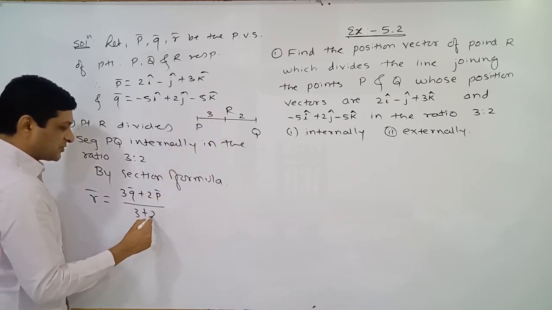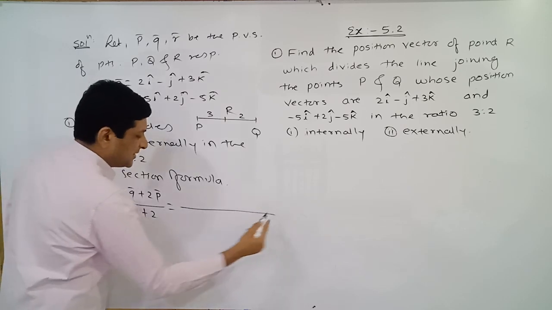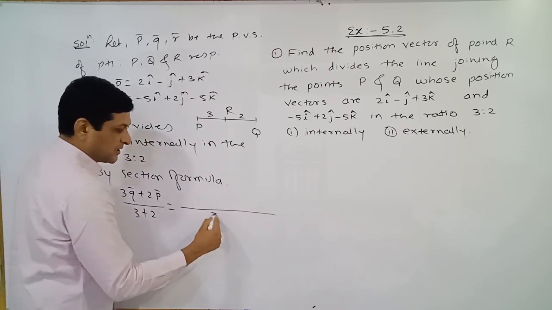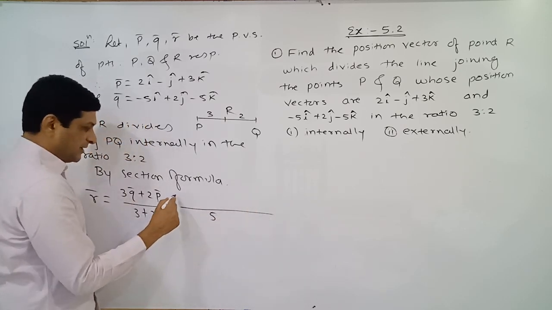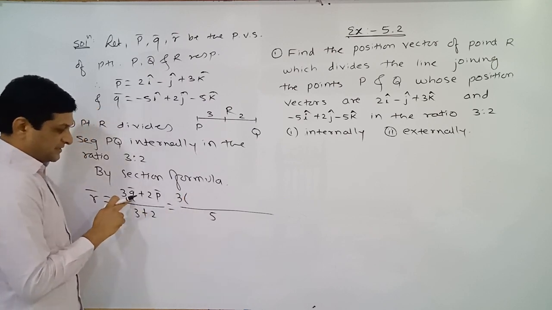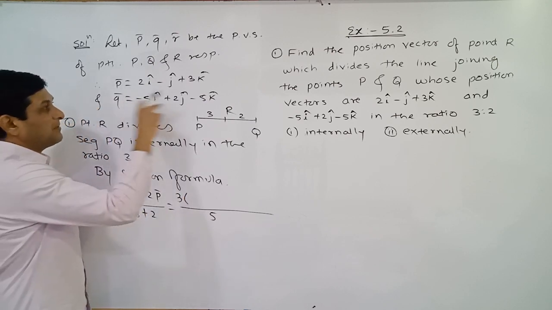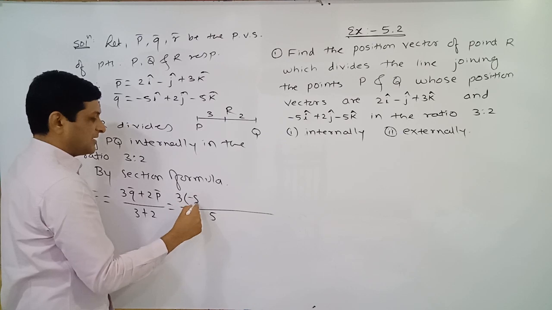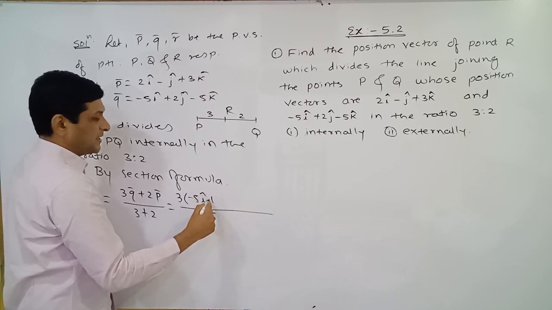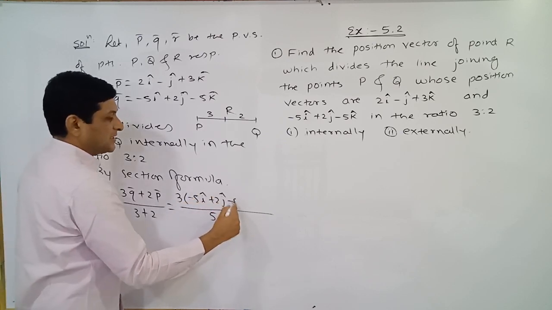In the denominator 3 plus 2 is equal to 5. In the numerator keep 3 as it is, and replace q bar by its value. Its value is minus 5i plus 2j minus 5k.